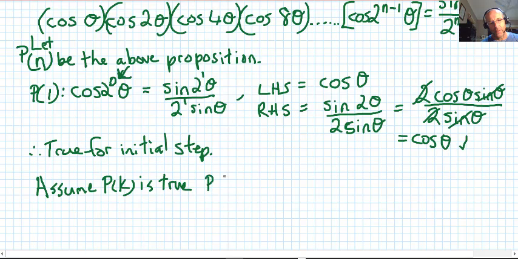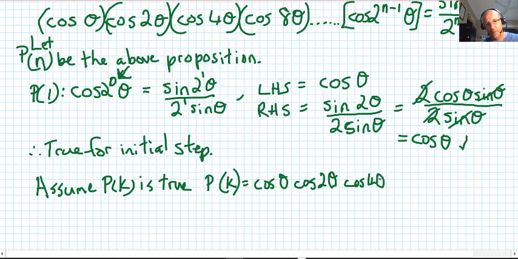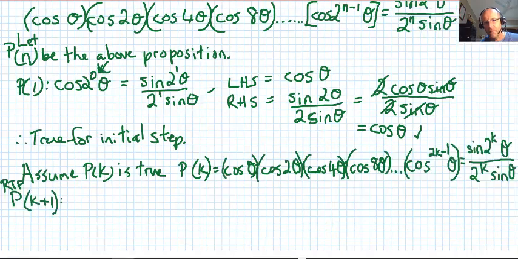So P of k would be cos theta, cos 2 theta, cos 4 theta, cos 8 theta, and so on, equals sine 2 to the k theta over 2 to the k sine theta.